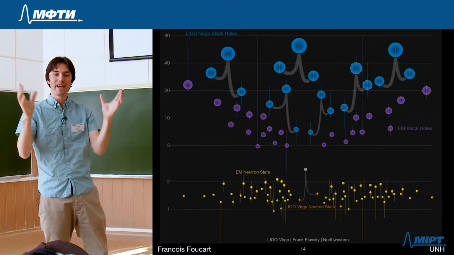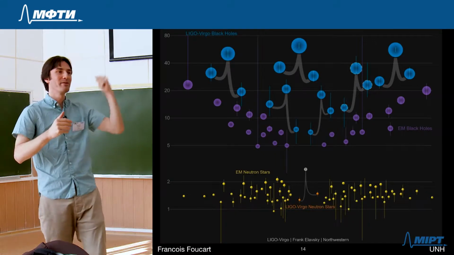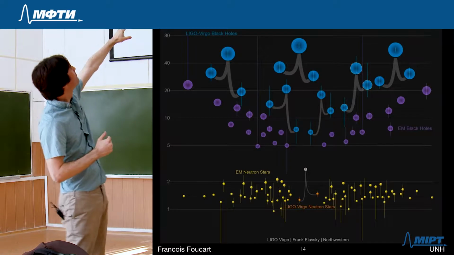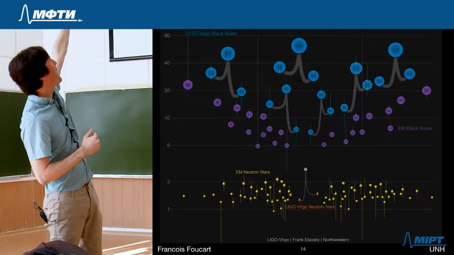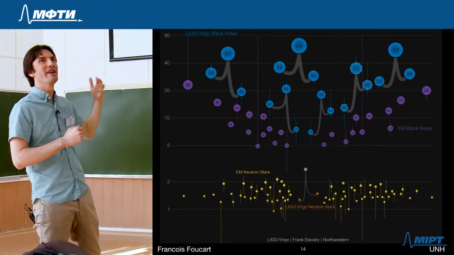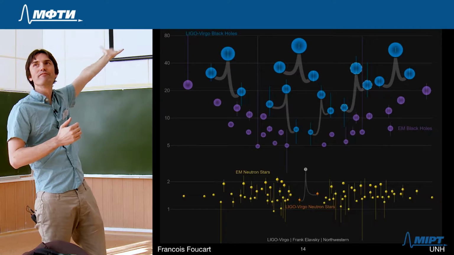If they have the same event rate, you will see 8 times more 60 solar mass systems than 30 solar mass systems. So the fact that you have seen 2 or 3, let's say, relatively high mass black holes and then 2 low mass black holes and 1 in the middle, that doesn't mean that there are more high mass black holes. It just means that you can see them much farther.